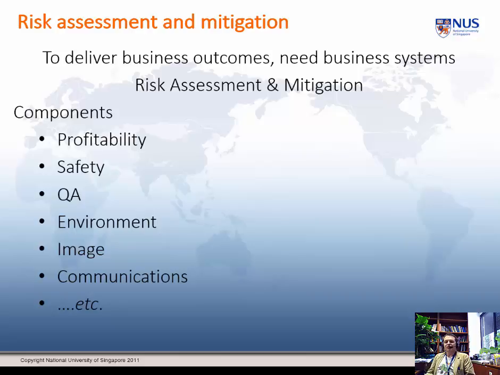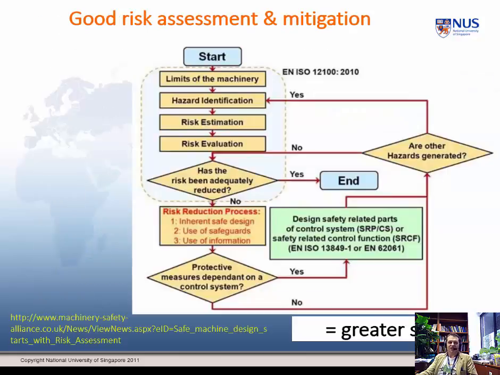So things don't happen by accident. Actually, you have business systems to deliver desired outcomes, and risk assessment and mitigation is one of those business systems, which clearly you want to deliver.